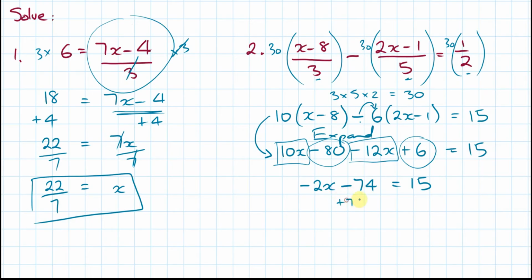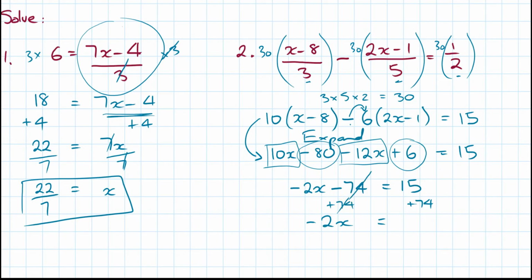I want to add 74 to both sides. So you end up with negative 2x is equal to, those cancel, 15 plus 74 gives me 89, and then dividing both sides by negative 2. So x is equal to 89 divided by negative 2, which is just negative 89 over 2.